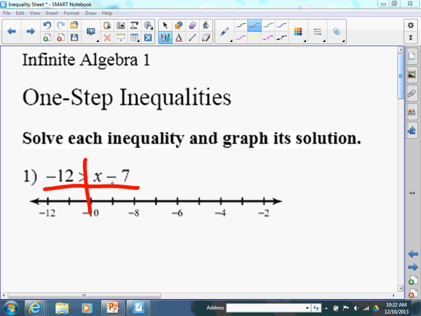No, it's not. It's on the right-hand side. It's not on the left. What do we have to do to this? We have to rewrite it, correct? Okay, so we're going to come beneath it. Let's rewrite it. So x minus 7 has to come first, because we need our variable on the left. Then we flip our symbol, and then negative 12.